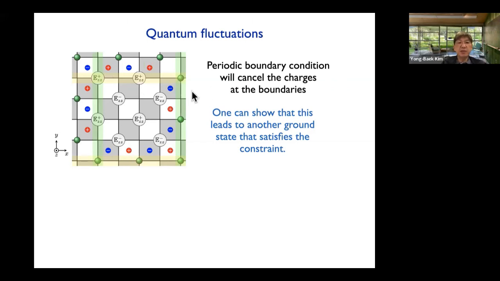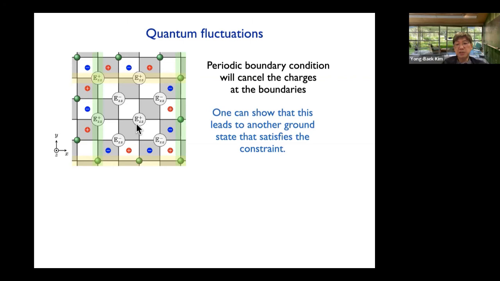After that, the system goes to one member of a degenerate manifold. If you start from one electric field configuration, create charges and annihilate them using the boundary condition, you are not going back to the original configuration, but to one configuration that belongs to this massive degenerate manifold.